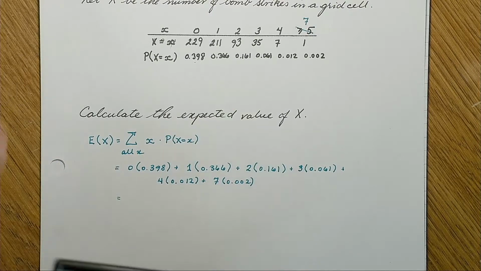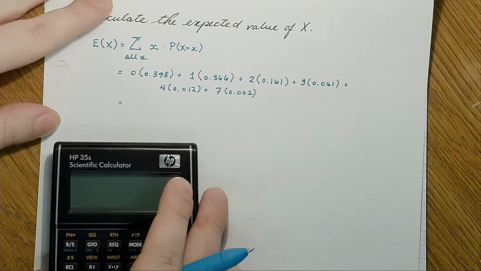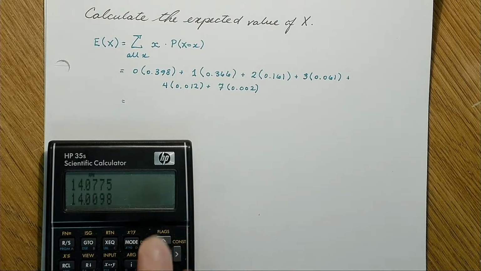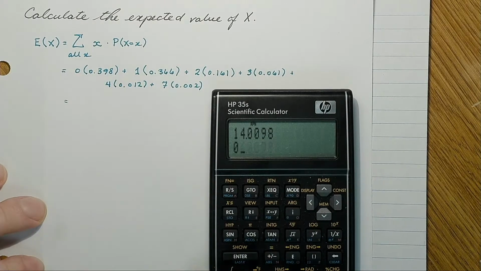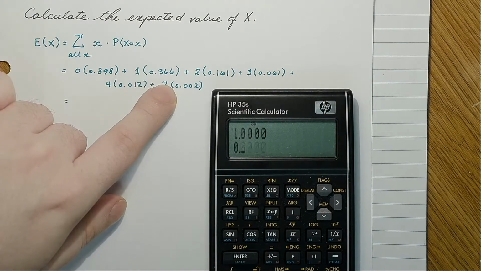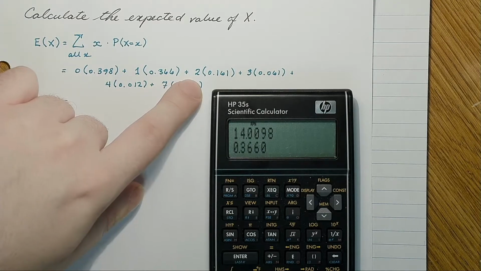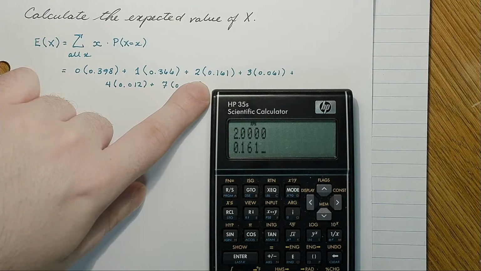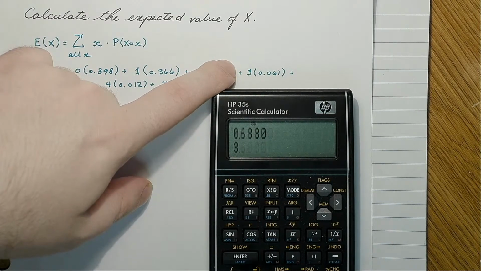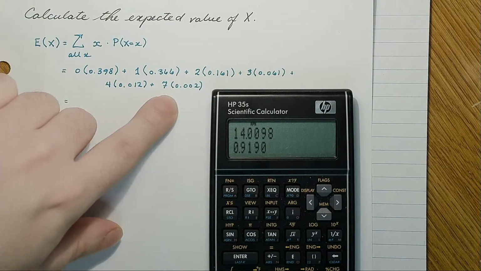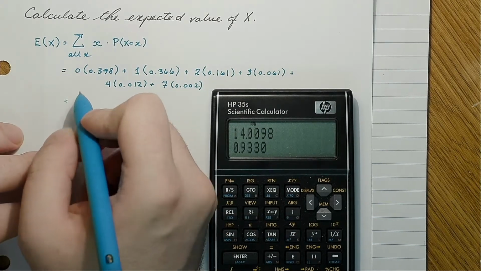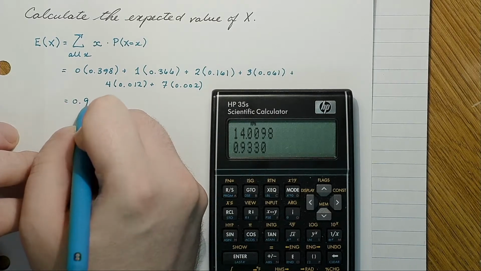So we can always pull out a calculator for this. What I have is, this is 0, so we'll have 0. 1 times 3.66. We have 2 times 1.16. We have 3 times 0.061. And lastly, we have it for 7. And so the expected value that we get is 0.933.